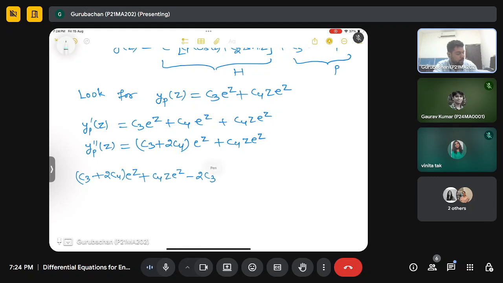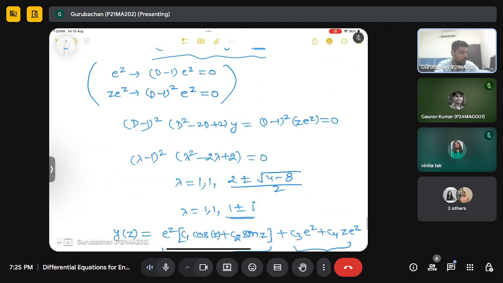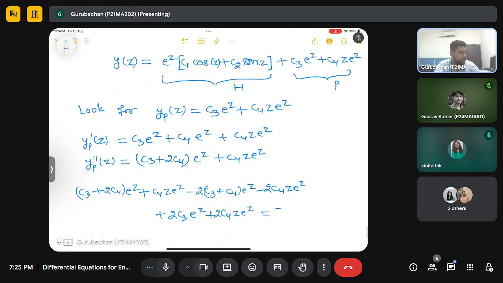If I solve a little, it will be (c3 plus c4) e to the power z minus 2 c4 z e to the power z, plus 2 times c3 e to the power z, equal to what we have on the right, z e to the power z.